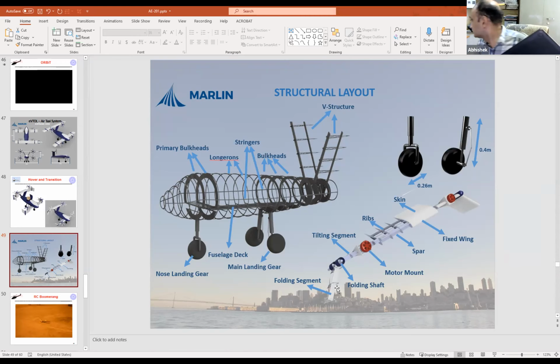Where is the pen? Okay. So let me use the annotate tool. Right. So a simplest possible truss could be something like this.